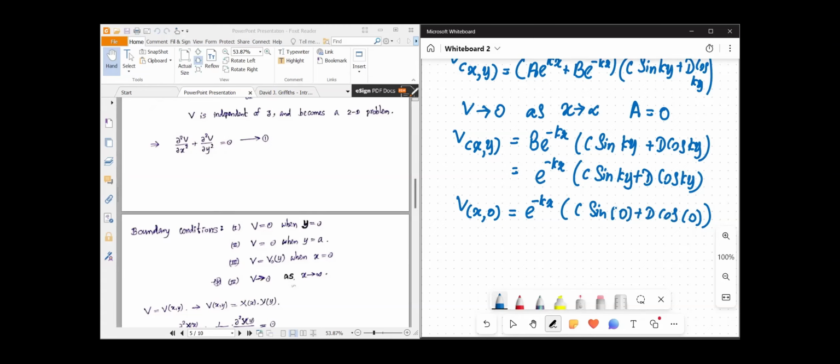This term is going to be 0, but this term we will have d. So we have e to the power minus kx times d. And here the potential is 0 when y is equal to 0. Therefore, either this exponential term or this constant d should be 0. If we consider the exponential to be 0, then all the potential is going to vanish. Therefore, the only possible situation here is d is equal to 0. Then we can further reduce the potential function.